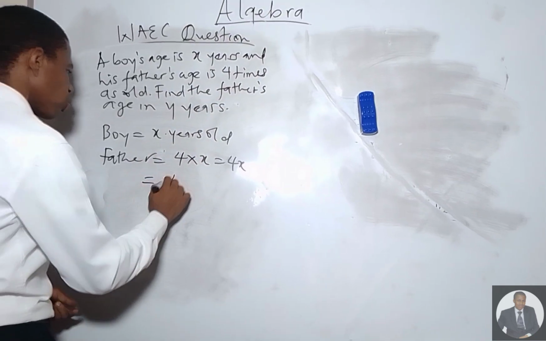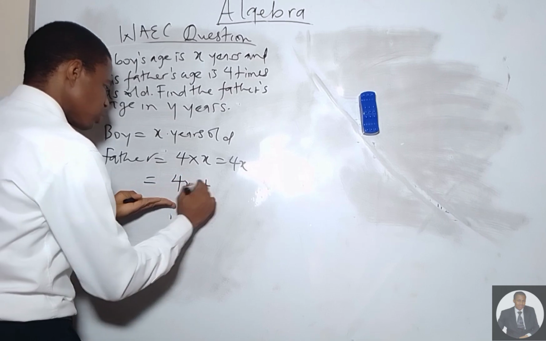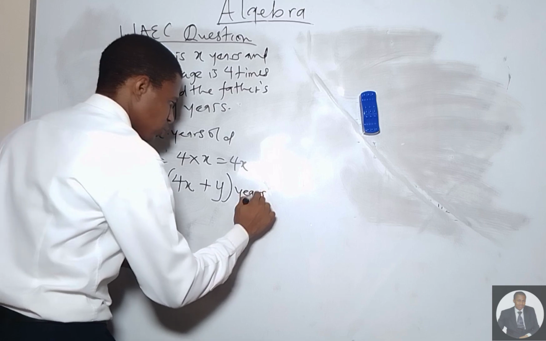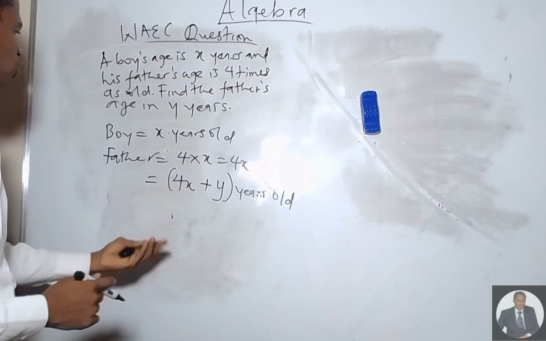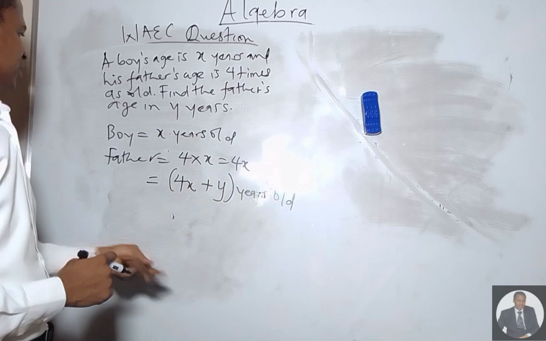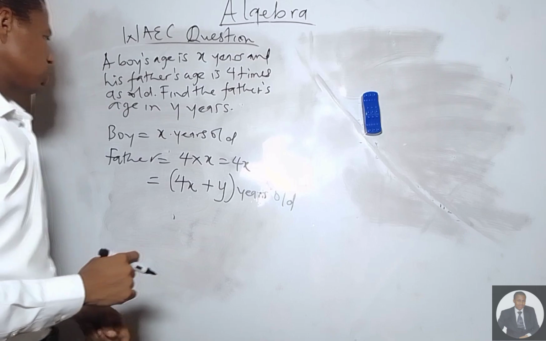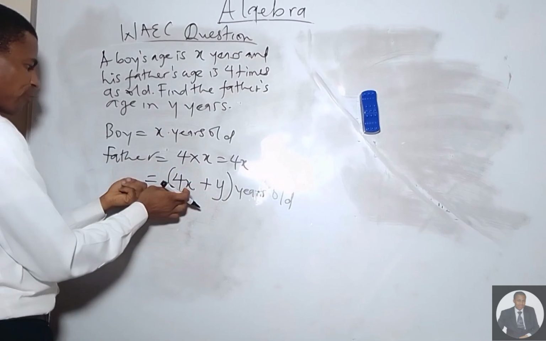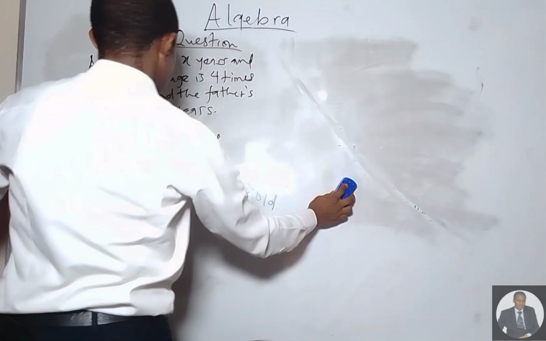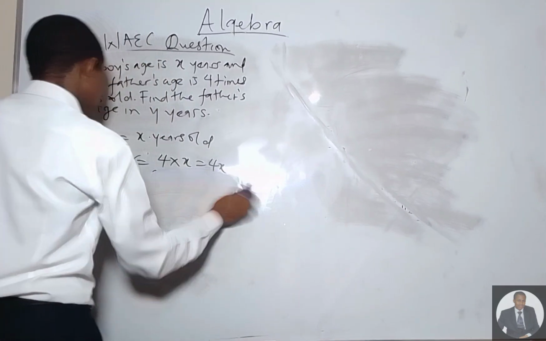In y years to come, the father, who is already 4x, will be 4x plus y years old. In 2 years to come, it will be 4x plus 2 years old. In 10 years to come, it will be 4x plus 10 years old. So in y years, it will be 4x plus y years old. This is the answer to this question.